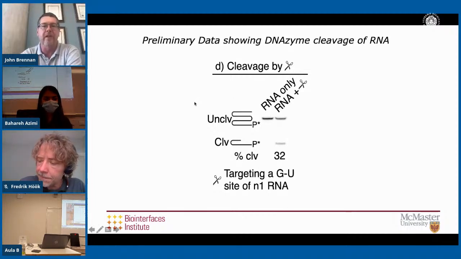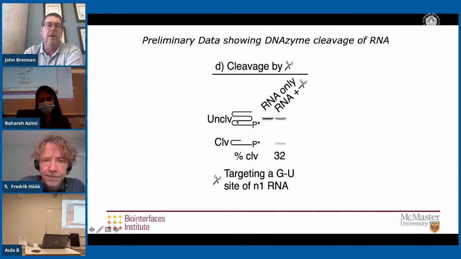So the first question is, does this actually work? So what we basically have here is uncleaved RNA. And this is some earlier work. This is not the full genomic RNA, but we've now done this with genomic RNA. And so you see on a gel that we have an uncleaved RNA band.